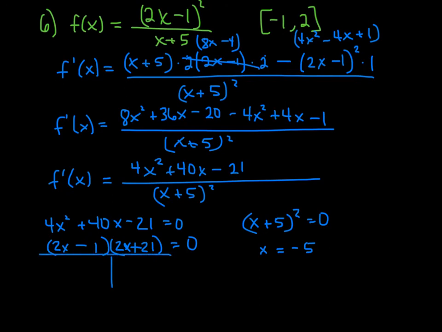Now I'm ready to t-chart, and I get x equals 1/2 and x equals negative 21/2. So I have those three critical values: 1/2, negative 21/2, and negative 5.